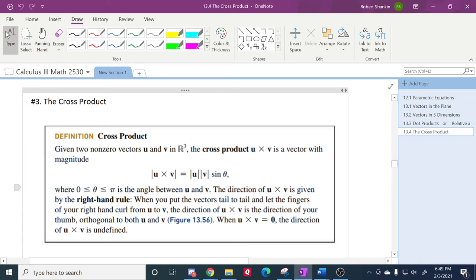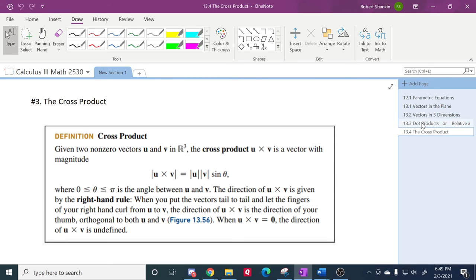So just like we did with tau, we first defined the magnitude. The magnitude of the cross product is this, and it's the same kind of definition that we had for the dot product.